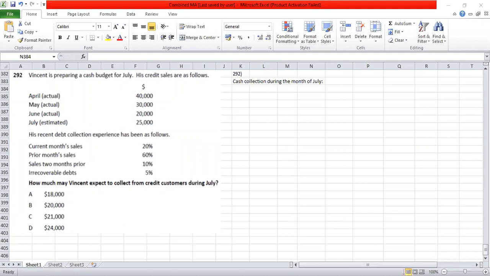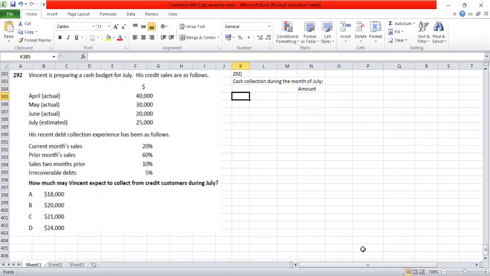So considering that, we need to find out what is the amount of cash collected during the month of July from customers. How much may Vincent expect to collect from credit customers during July? So let's start. Cash collection during the month of July. So how much amount was collected?